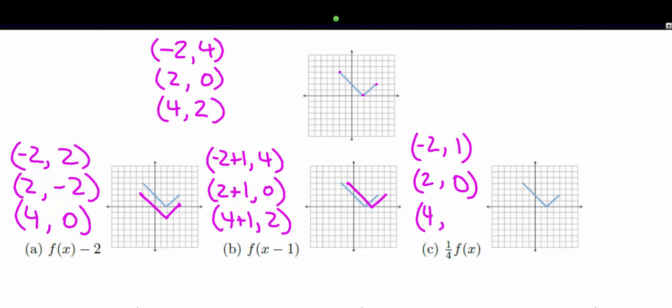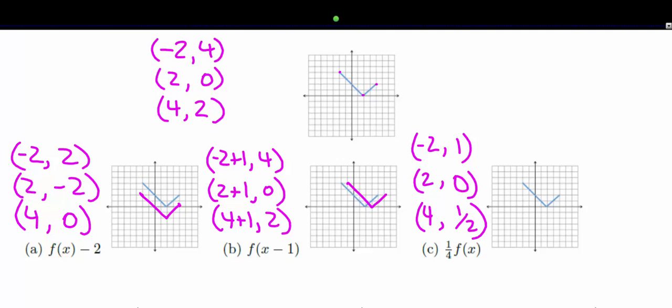So this becomes a 1, 0, and 1/2. There. Those right there are the points, the transformed points. Negative 2, 4 becomes negative 2, 1, 2, 0 stays 2, 0, and 4, 2 becomes 4, 1/2. Because 1/4 of 2 is 1/2. Okay, so let me just plot these.